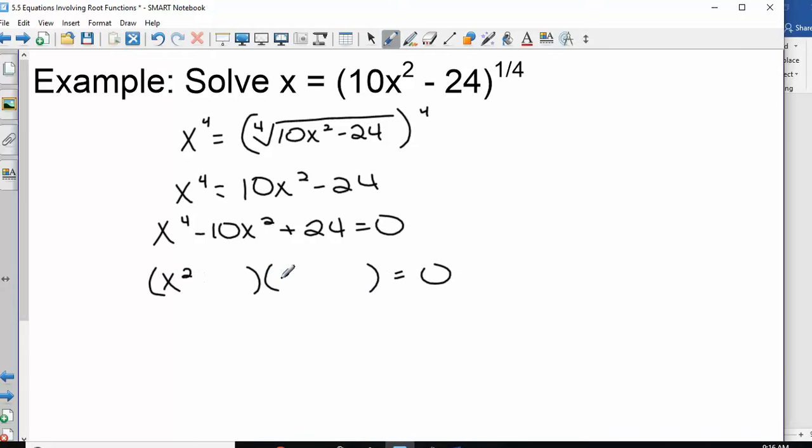So x to the fourth breaks into x squared. Multiply to positive 24 and add to -10. -4 and -6. Set those equal to 0. You have to add a square root, which means plus and minus.